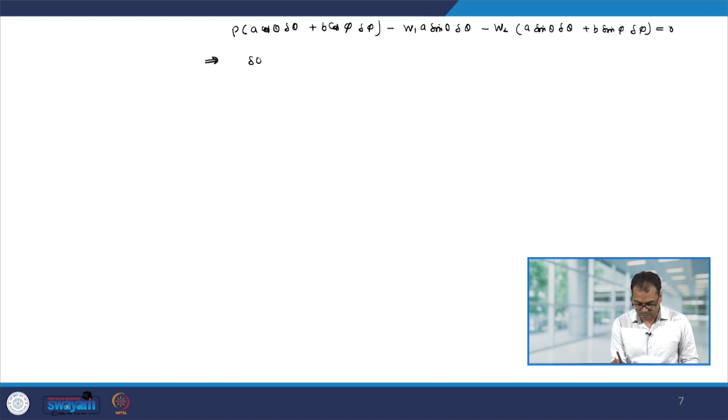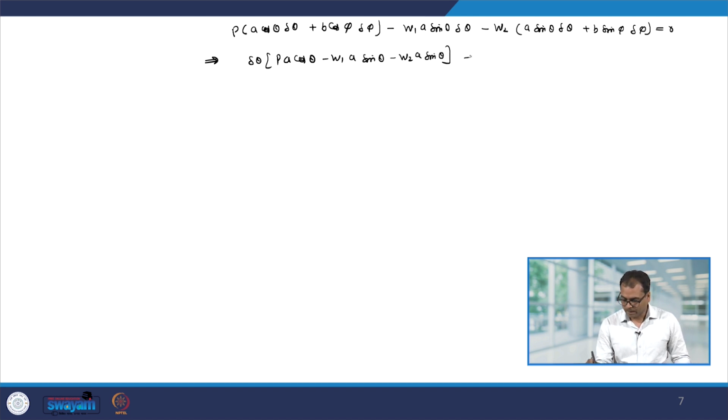So, we have delta theta (P a cos theta minus w1 a sin theta minus w2 a sin theta) plus delta phi (P b cos phi minus w2 b sin phi) equal to 0, and for this to be 0, both the coefficients of delta theta and delta phi have to be 0.